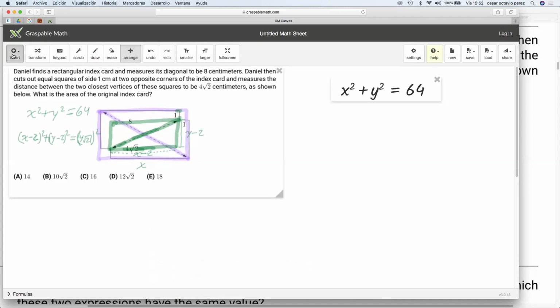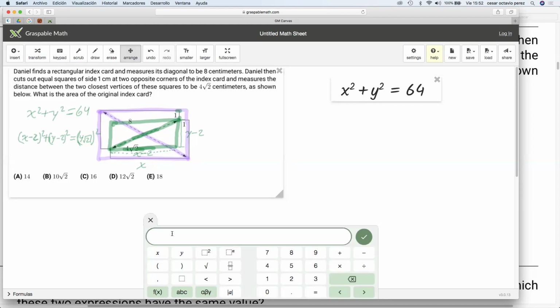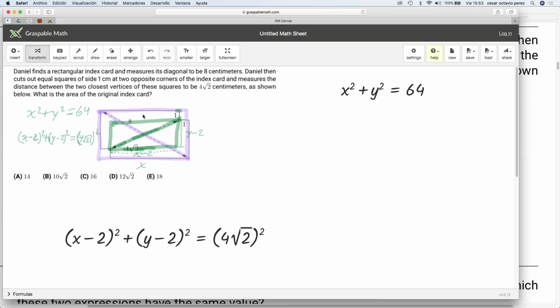Now we have x minus 2 squared plus y minus 2 squared equals 4 times square root of 2, squared. Okay. Let's see.